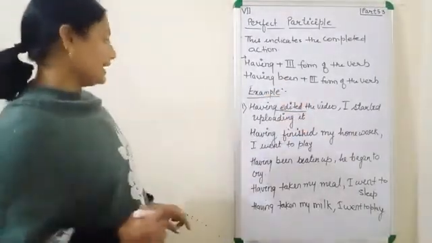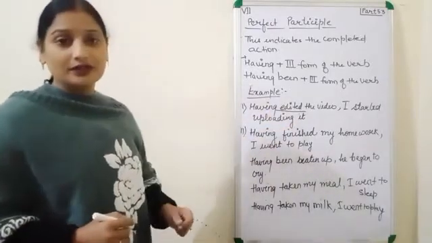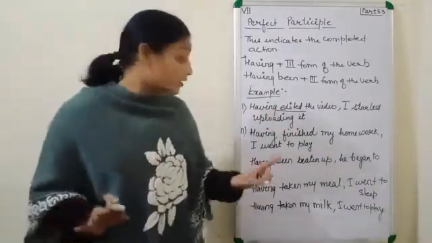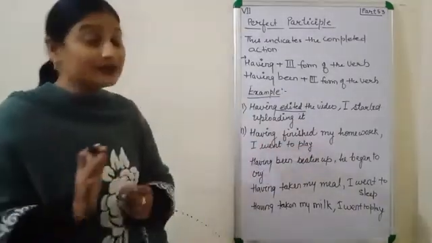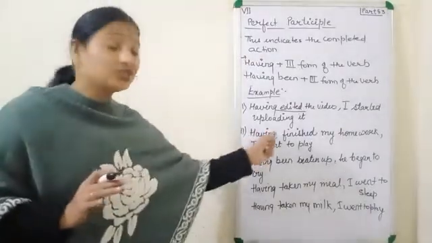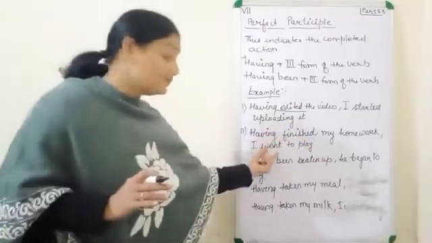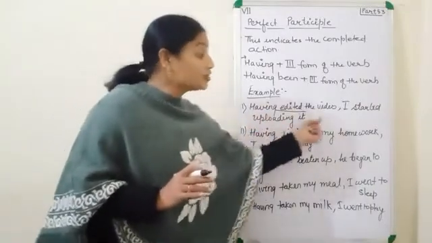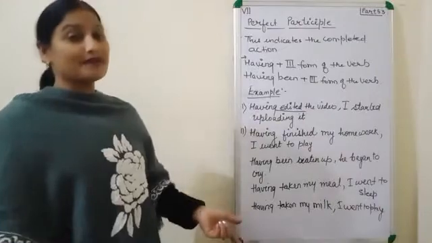Okay. Next, having finished my homework, I went to play. Now children, there are so many verbs in this. I went to play, infinitive. Main verb. Having finished my homework, simply showing that my work has already been completed.